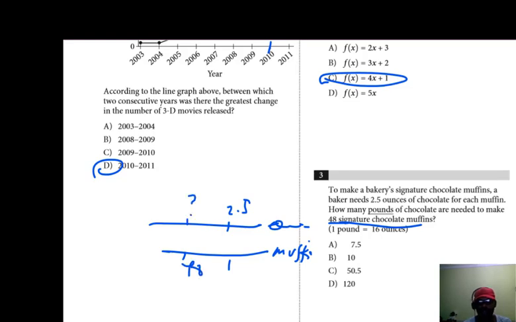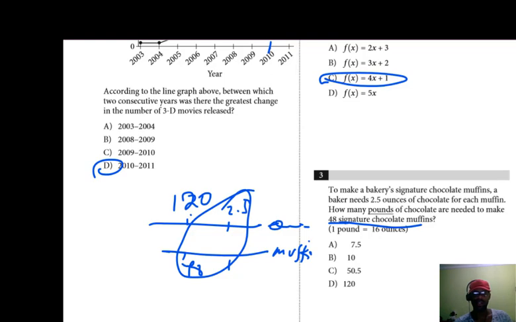So first we need to find this one. For this you need to cross multiply, so we will use the calculator here. When you multiply 48 with 2.5, we will get 120 ounces for 48 muffins.